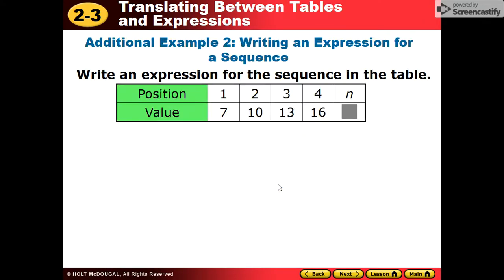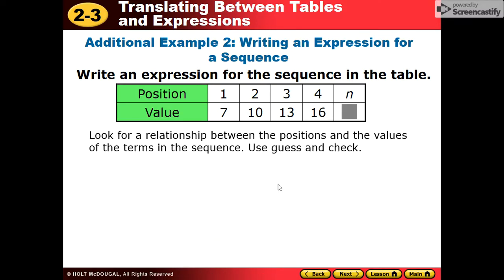Here is example number 2. It says write an expression for the sequence in the table. Again, we're going to look for the relationship between the positions and the values. Those are just the two different topics we've got in our chart here.